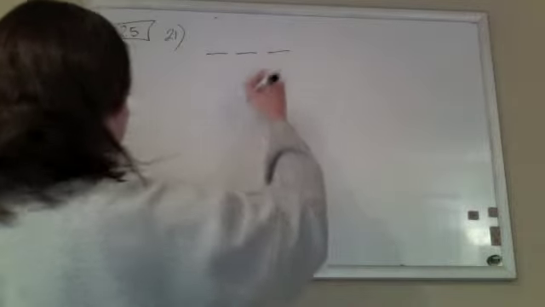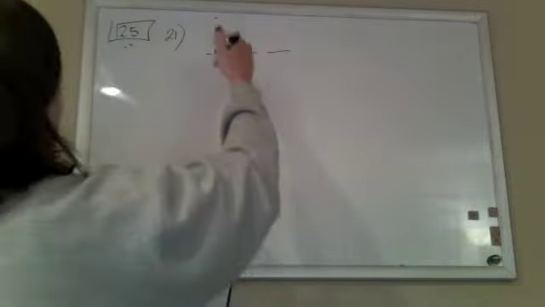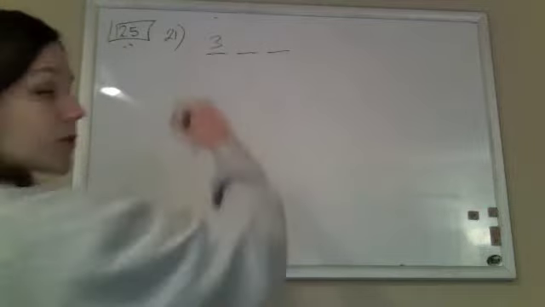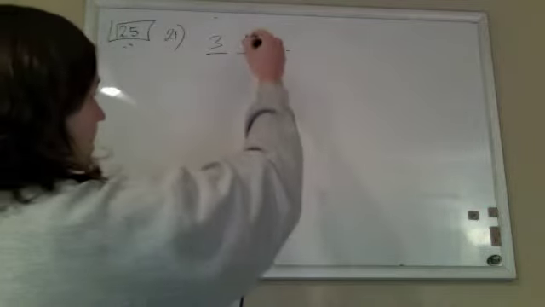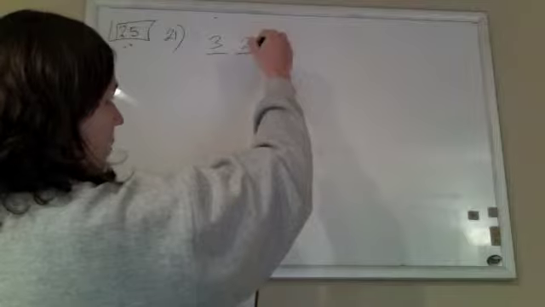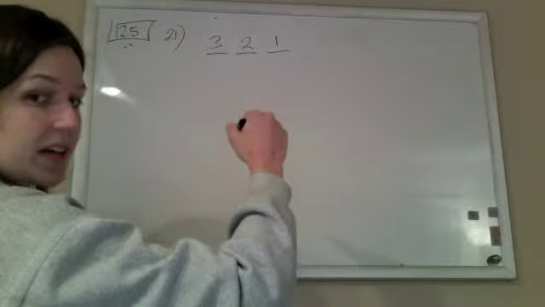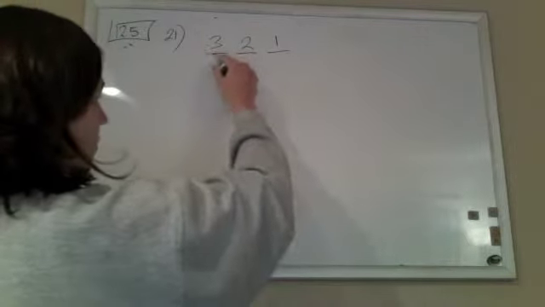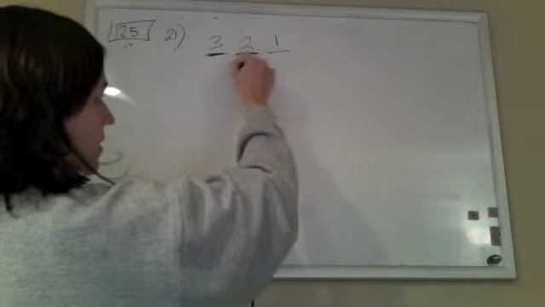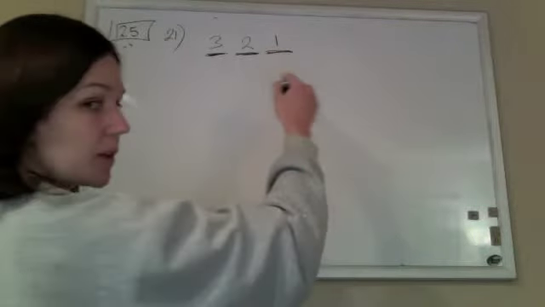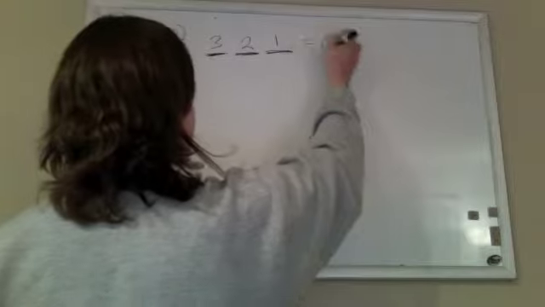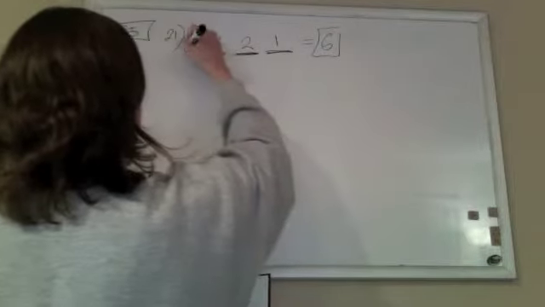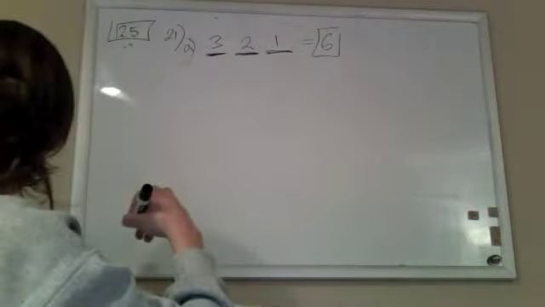So there's 3 people who get to select something. The first guy gets his choice from all 3 of them. The next guy has to pick from the remaining 2. And the last guy's stuck with whatever's left. So 3 possibilities for your first guy, 2 possibilities for your second, and 1 possibility for the third. Gives you 6 possibilities total for part A.